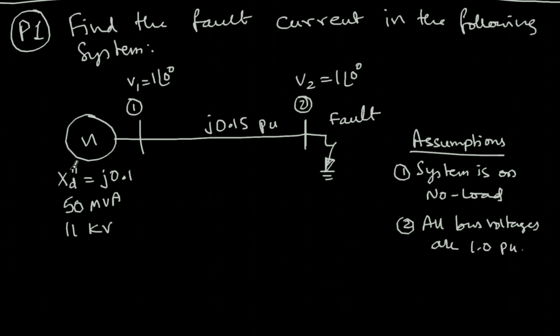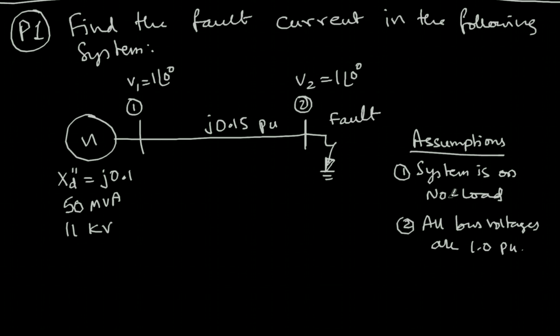I have a simple generator whose subtransient reactance is given as j0.1 per unit, with 50 MVA and 11 kV as its ratings. This generator is connected to bus 1 and to a transmission line of j0.15 per unit. Then there is a bus 2 here, and the fault occurs at bus 2.